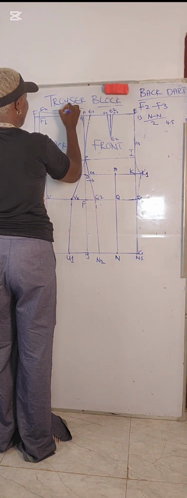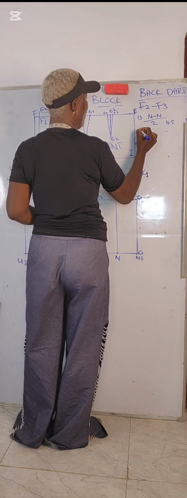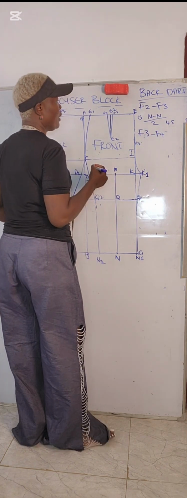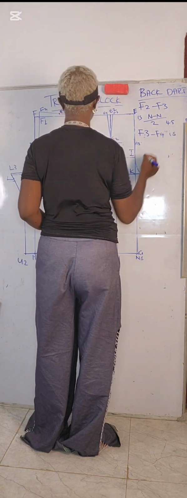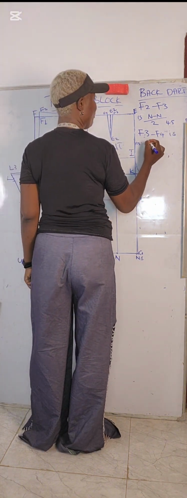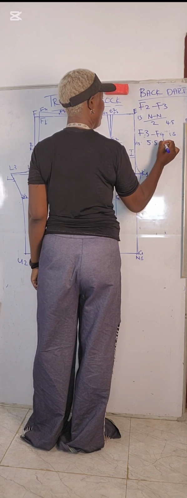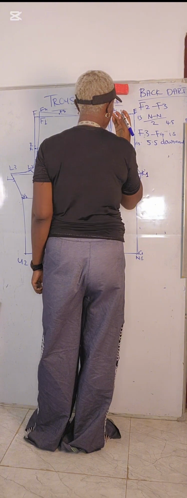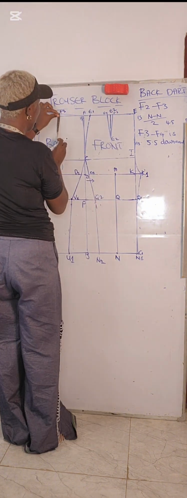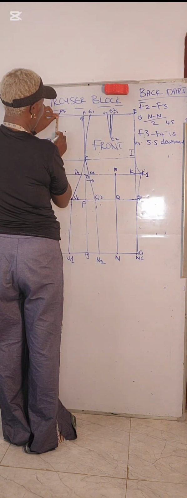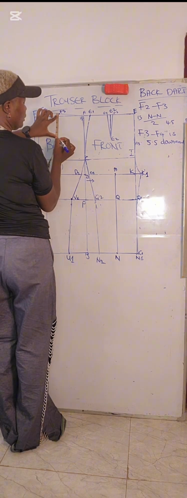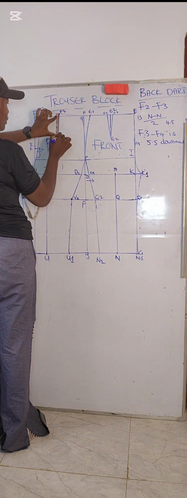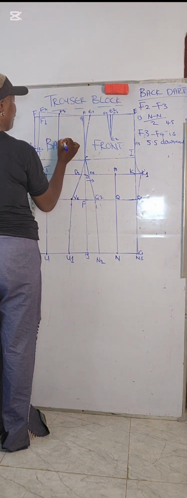This is my F3. F3 to F4 is 5.5 downwards. I'll come here and get 5.5 for my dart. So this is my F4.